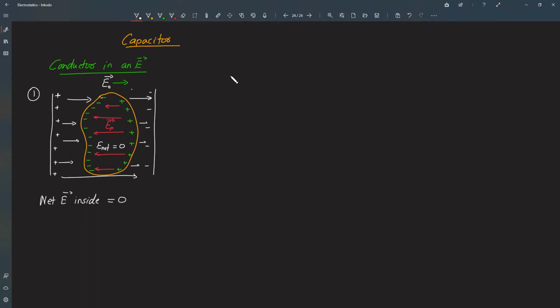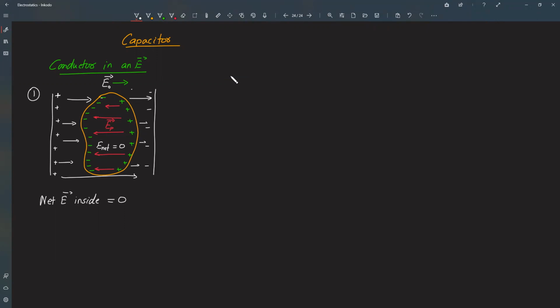This is not the same as the one which we concluded in the previous video, where I explained that the field due to a thin spherical shell inside the conductor is 0. That is a different thing. Okay, so that is the first behavior, right?